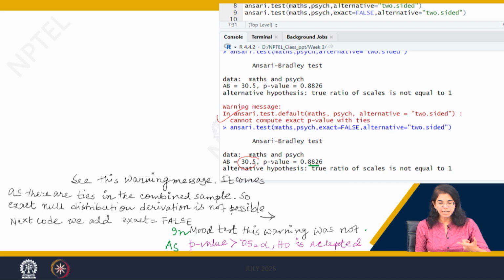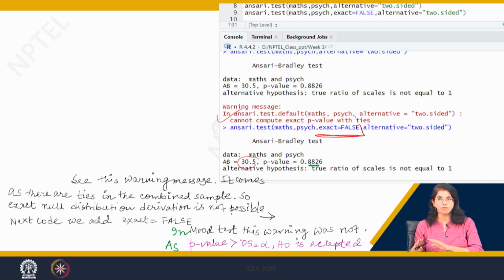In first problem, there are few repetitive observations. So what will be the way out? As I already taught you, whenever you have tie case in your data, just incorporate this: exact is equal to false. That means we are not in need of exact probability distribution of the test statistic.